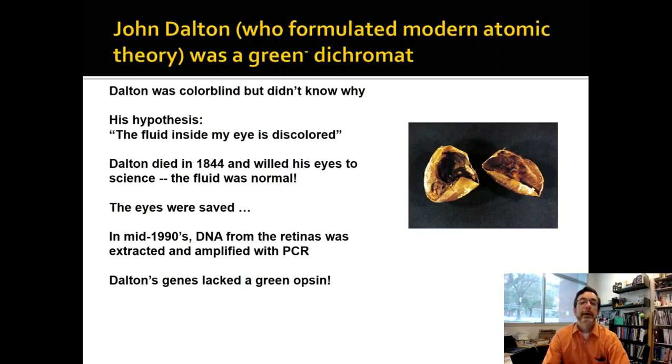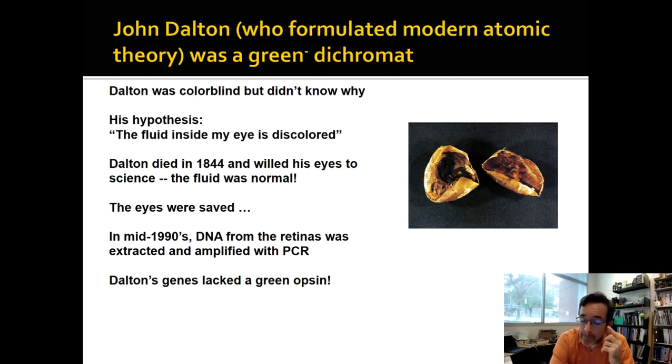So in fact, there's kind of a cool story about one of my favorite chemists, John Dalton. He was very important. Of course, he gave his name to the unit of Daltons because he was really important in us figuring out that atoms are where it's at when it comes to chemistry. He was one of the first true chemists. And he was also colorblind, and so he was very curious about this.